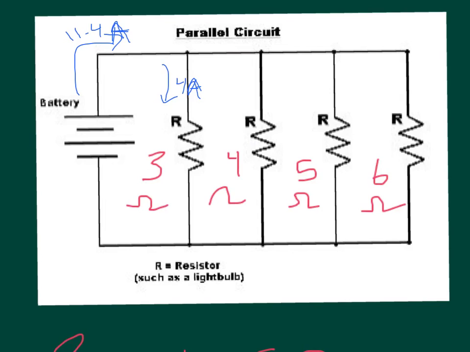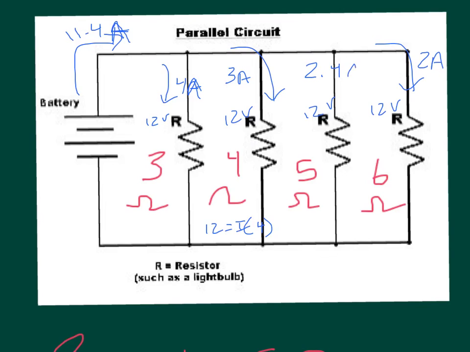Through this second resistor, don't forget they're all 12 volts because this is a parallel circuit, and so the voltage is the same through every single one of them. So 12 equals I times 4. So here we get 3 amps going through this one. We get 2 amps going through this one. I'm doing the ones with the easy math. And then, 12 divided by 5, I think that would be 2.4 amps.